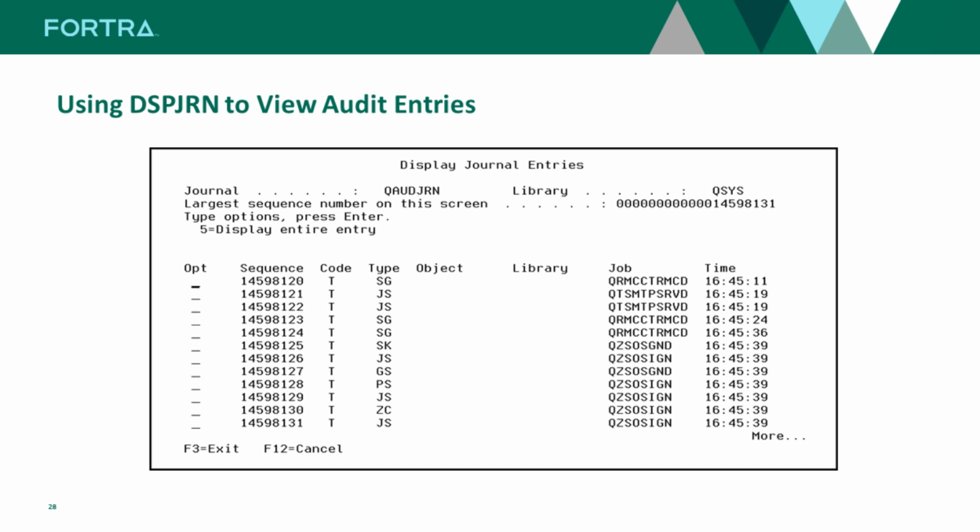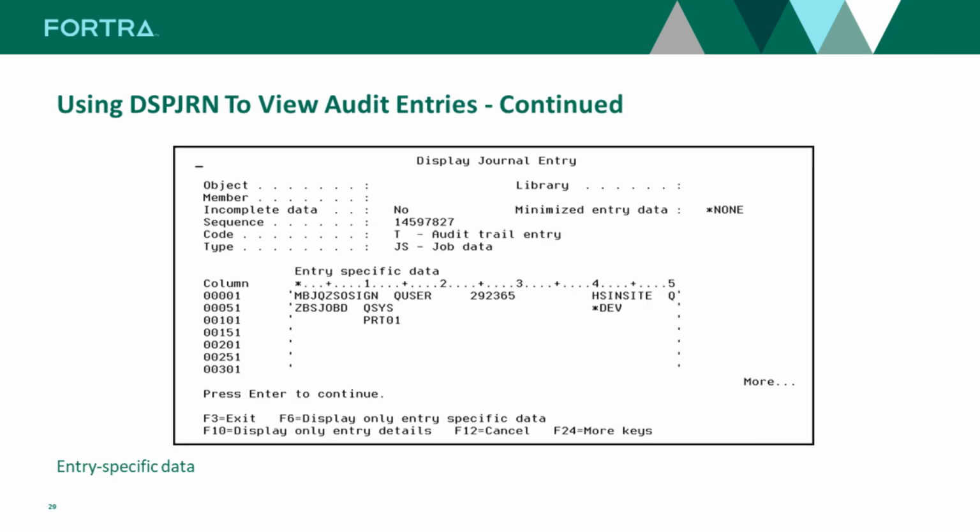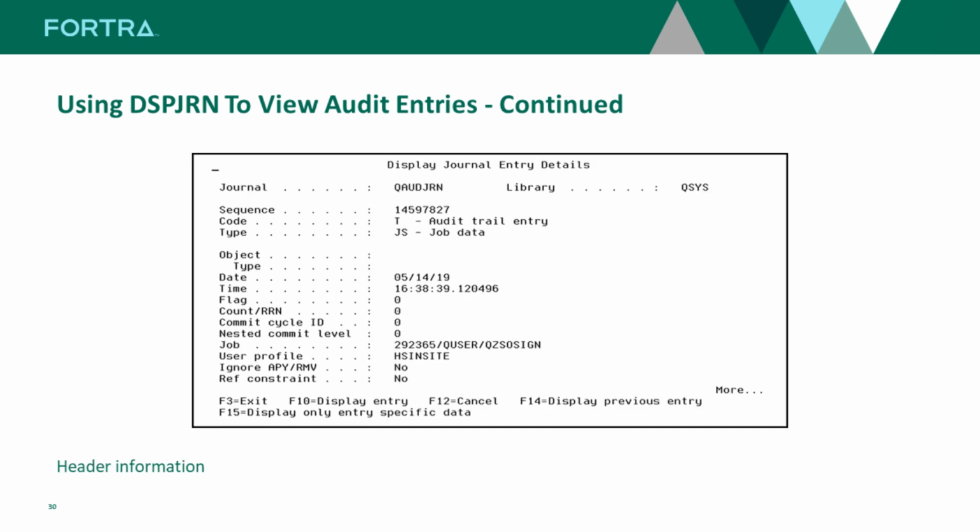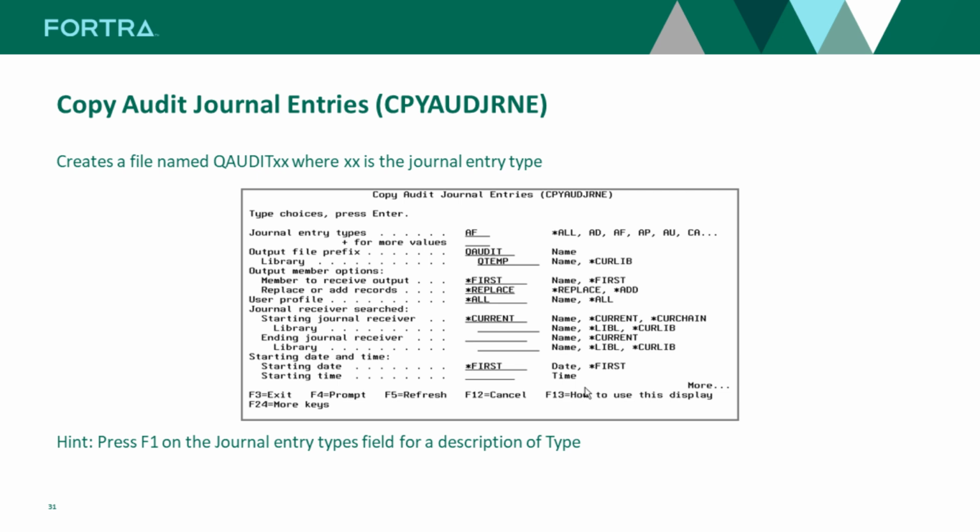So, super old school, right? You can just do DSPJRN and see the audit entries and do a 5 and an F10, and you can see the detail and try to figure out what's where and what means what, but that's not a lot of fun. So rather than doing the DSPJRN and the F10 to see what the job was, I use CPYAUDJRNE, the copy audit journal entry command.